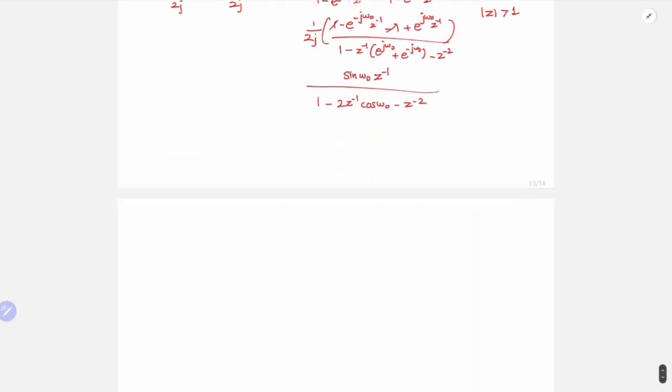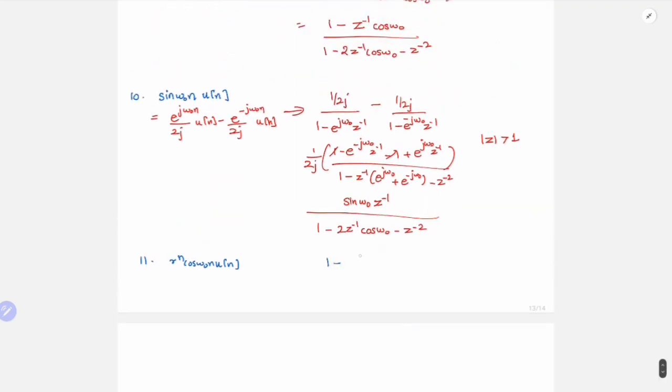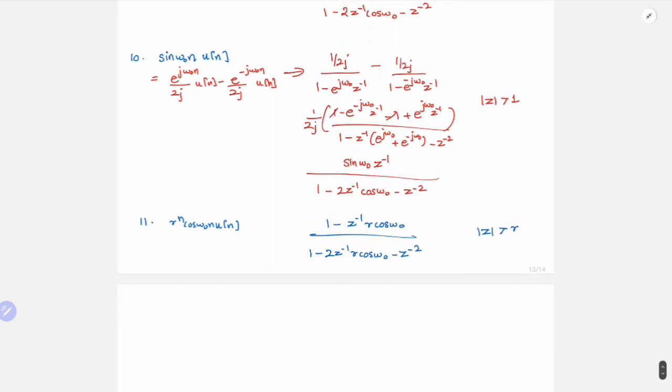So similarly, if you have r power n cos omega naught n u of n, you just need to append r wherever this e power j omega naught term comes. So for cos, you will have 1 minus z inverse r cos omega naught divided by 1 minus 2 z inverse r cos omega naught minus z inverse square. And again, here mod z is greater than r.